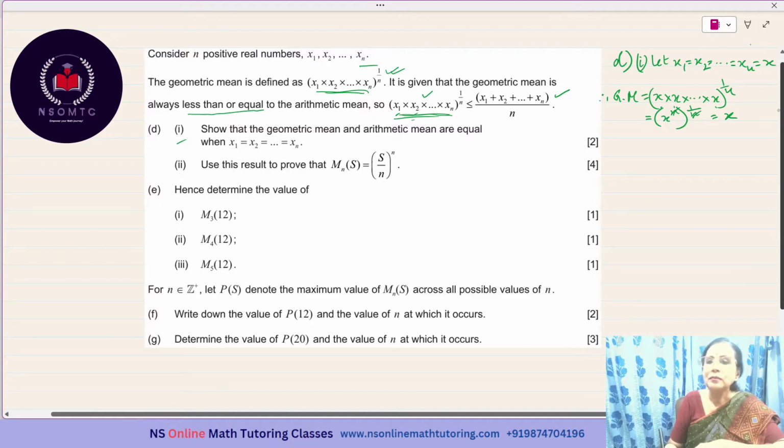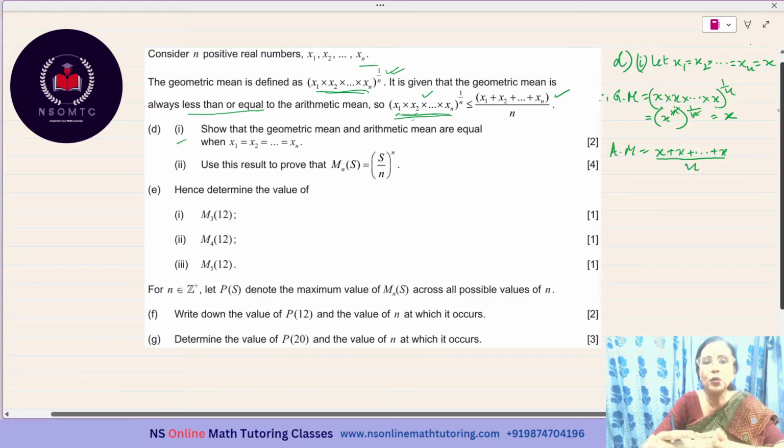And what about the arithmetic mean? Again, all the numbers are the same, so it is x plus dot dot dot plus x over n. When it is x plus x, we are having 2x. When we are having x plus x plus x, the answer is 3x.